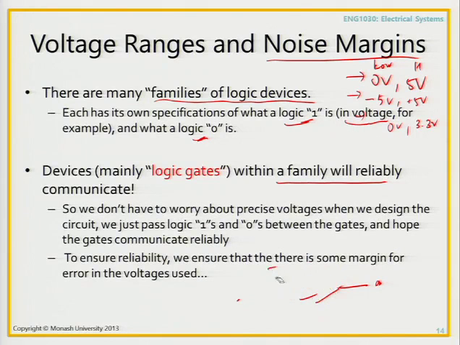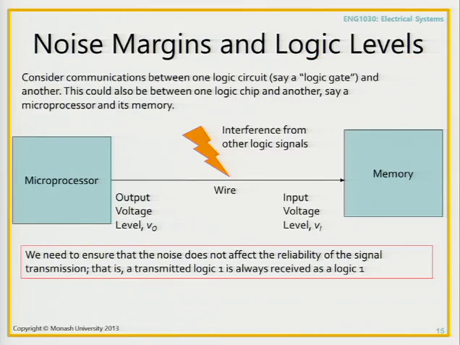Okay? But even before you get to that point, within the same family, you need to ensure that everything is reliable. And to do that, you need to make sure that you've got some margin for error for the voltages that represent a low and a high voltage. Okay, so here's an example of how errors occur.